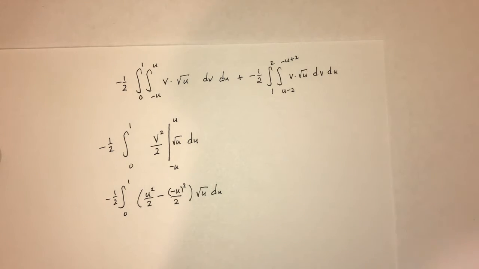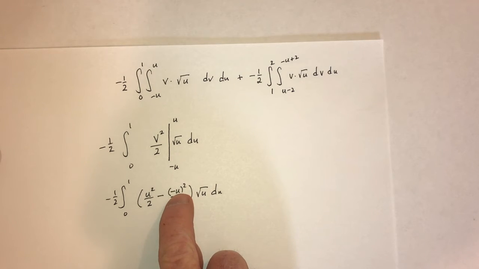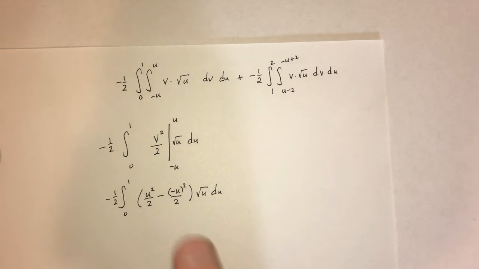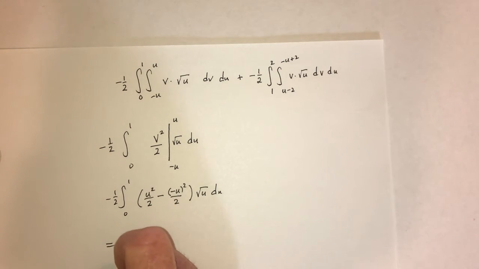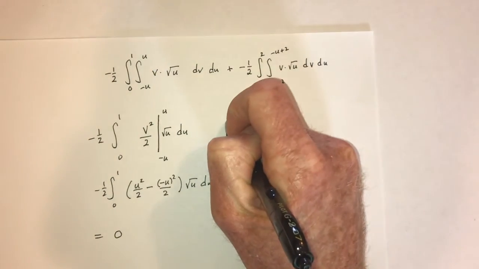And then that is u squared over 2. Once you square that, it's also u squared over 2. Since you're subtracting them, this equals 0. Oh, that didn't take as long as I thought. Okay, then we can move on to this one.